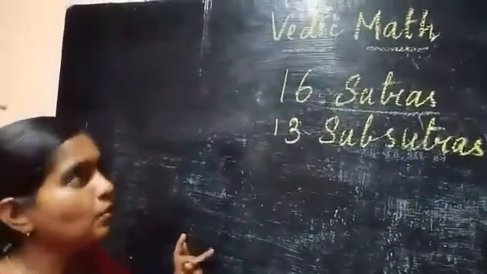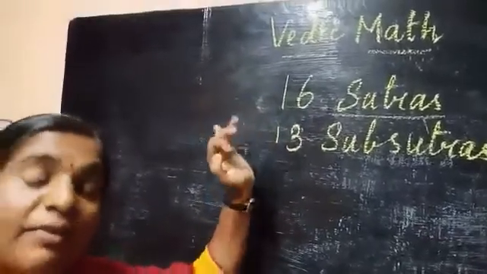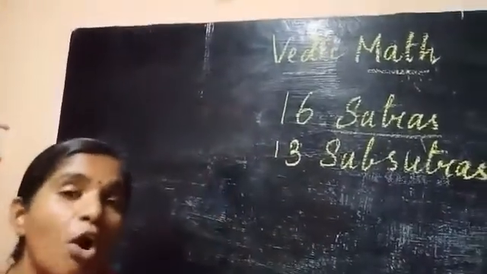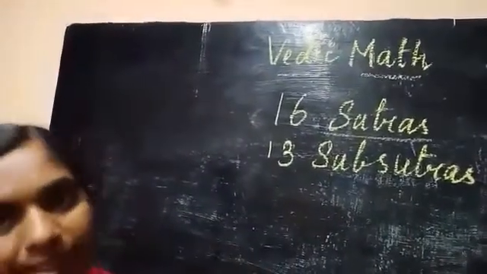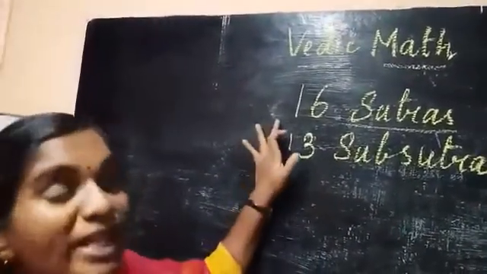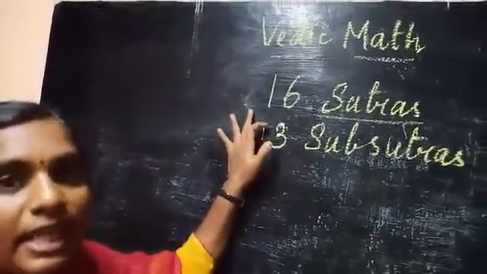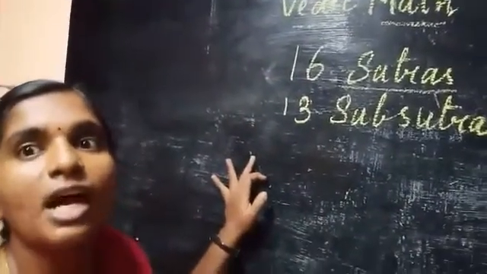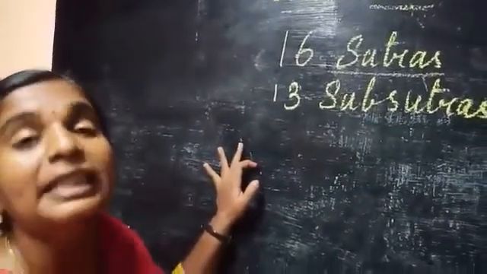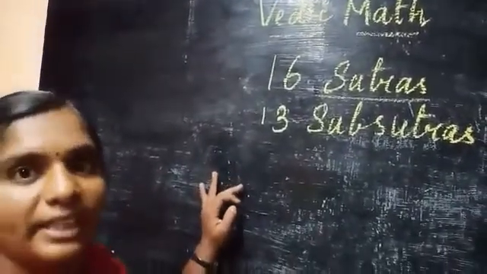Clear dear? From where did our Vedic math originate? Our Vedic math originated from India. How many sutras are there? There are 16 sutras in our Vedic math. How many sub-sutras? 13 sub-sutras are present in our Vedic math.